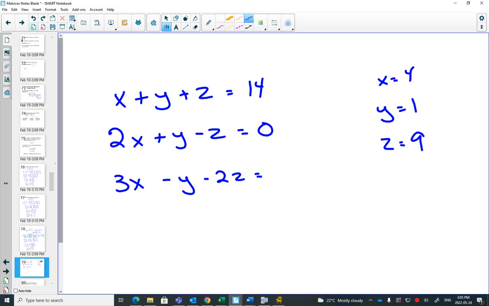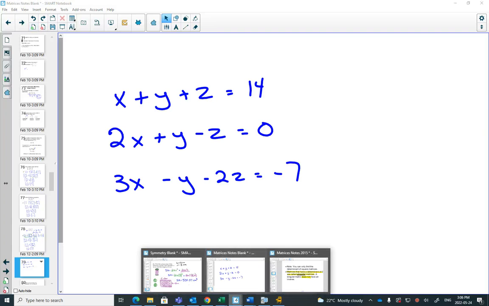Three x's, 12, 11, minus 18, -7. So we know the answer to this is 4, 1, 9. It is easier to make them. And then this is what a teacher does. They go, ooh, your turn. And then it appears like I can do it quickly in my head, but I made the numbers to begin with.